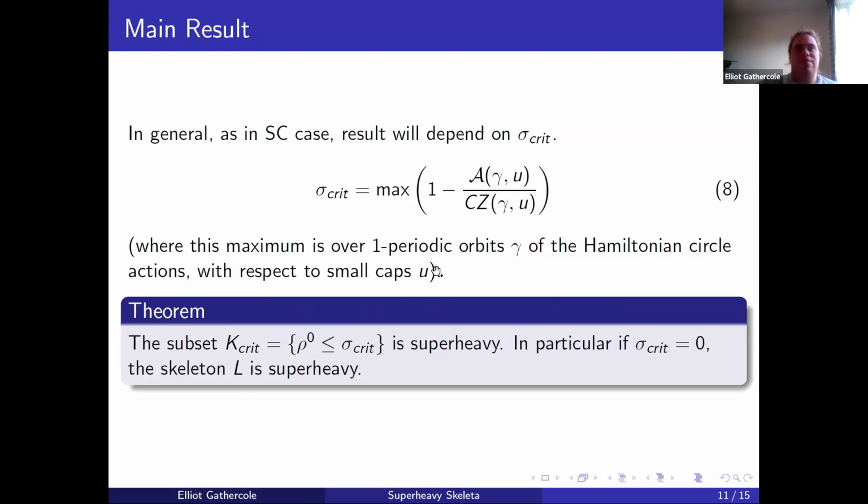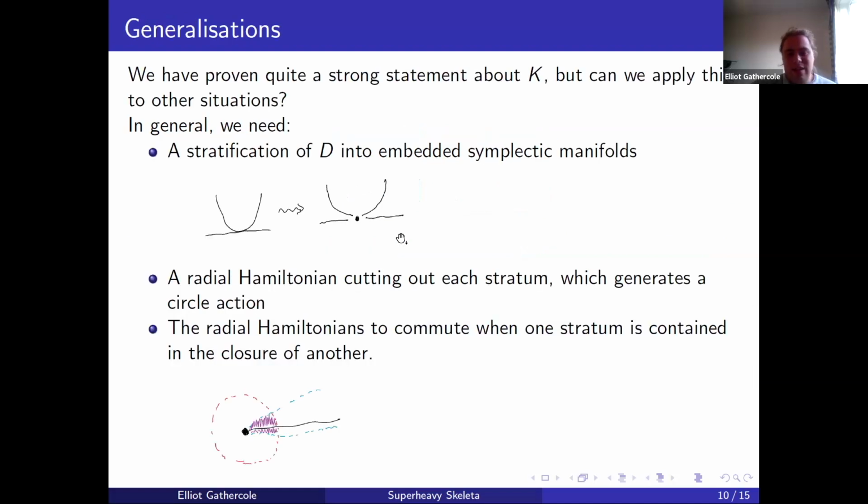And in particular, if this number sigma crit is 0, then we get, as in the example of K, that the skeleton itself is super heavy. So the difficult bit here is actually getting these radial Hamiltonians and ensuring that they are compatible in this way.